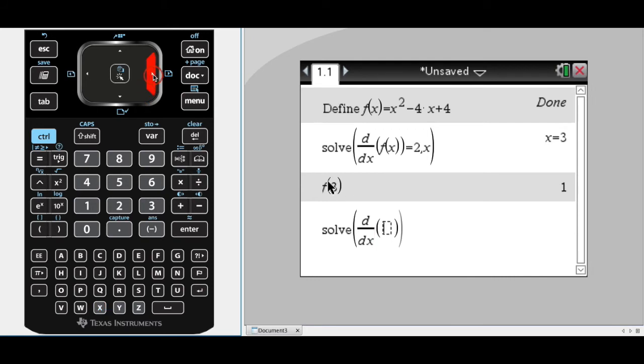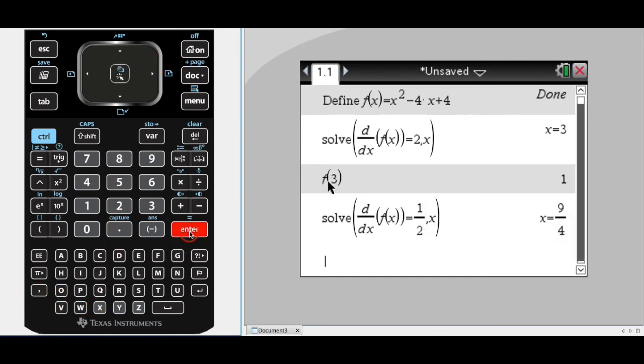I've defined f of x, so I'm going to put in f of x here. And this time I want it to be equal to 1/2. Notice I don't put in 0.5. And I want to solve that for x. Hit enter, and I get 9/4.